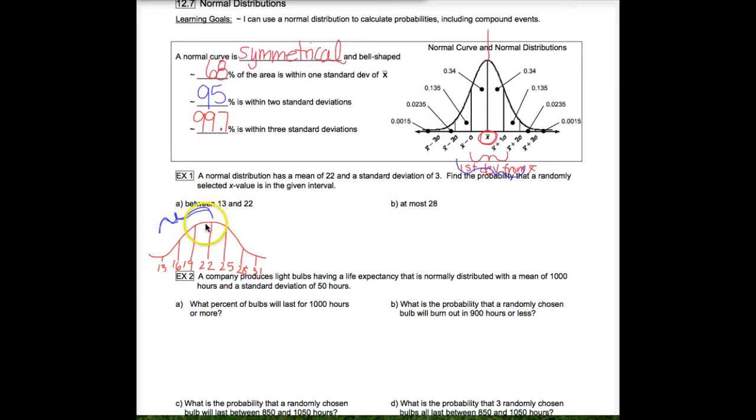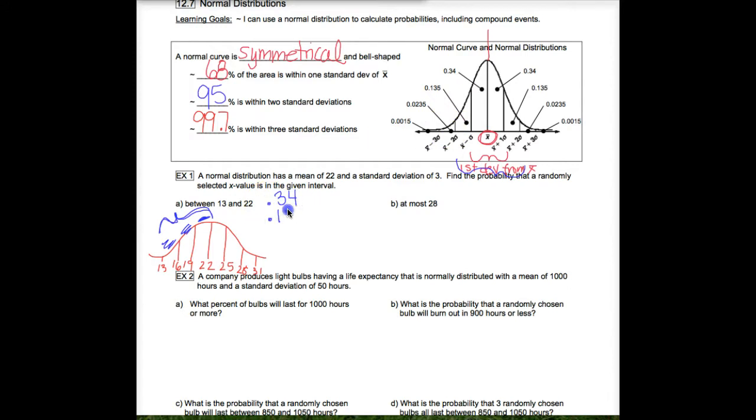So that means that I've got the area from 13 to 16. So 1, 2, 3 pieces to add up. So this big one, you see the distribution, and you will not have to memorize the distribution. You'll be given this on your test.